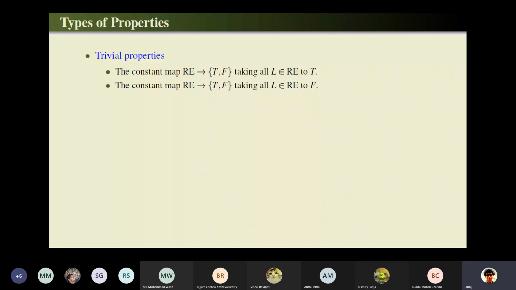The trivial properties are defined this way: the constant map that is true for all RE sets, and the constant map that is false for all RE sets. These two maps are called trivial, because it is either trivially true for all RE languages or trivially false for all RE languages.